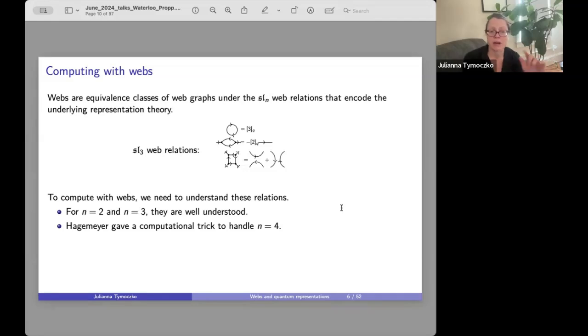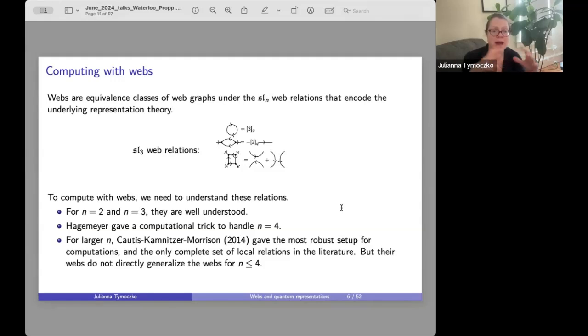Colin Hagemeyer, a PhD student of Kuperberg's, does that. And then for larger n, there's a couple of different constructions. Brundan, Chemnitzer, Morrison's is the most robust setup, and it's the only place in the literature where somebody proves a complete set of relations. So it actually tells you what the web vectors are, step by step.